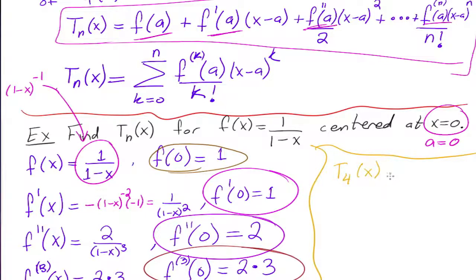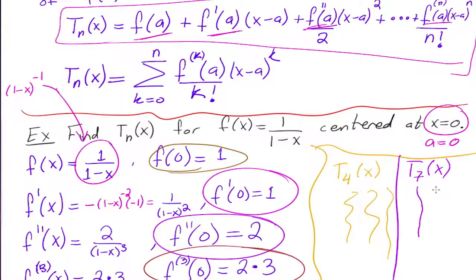You do some work, you go home, and then you come back and you're like, oh, now I need to find the 7th Taylor polynomial. So then you go, okay, now I need to find the first, second, third, fourth, fifth, sixth, and 7th. And then you write it all out again, figure out what it all is. And let's say you come back and you're like, oh, I need to find the 5th. So then you write it all out again.